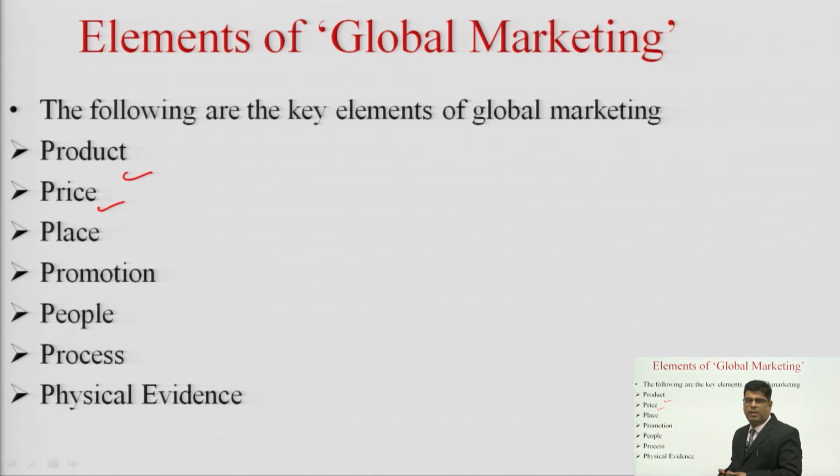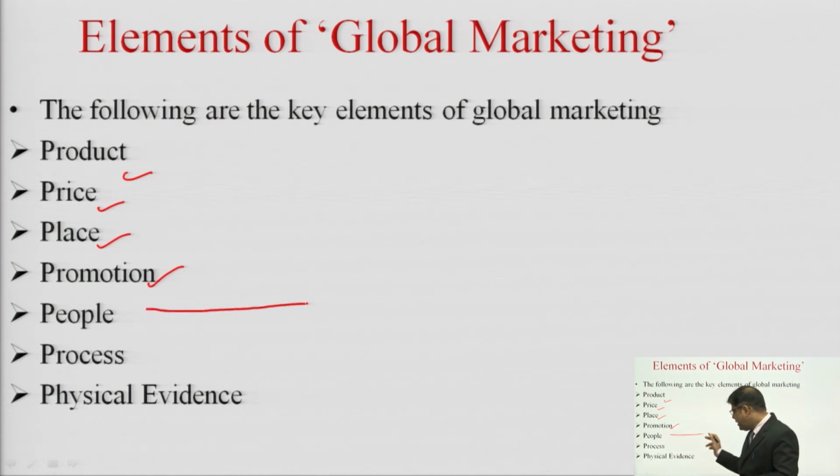Price is the amount of money that the customer has to pay in order to acquire the product or experience the service. Then place is the manner of distribution; it is about how the product is made available to the consumer. Promotion is about making people aware of the product or the service, and about making people recall the brand name of the product or the service.